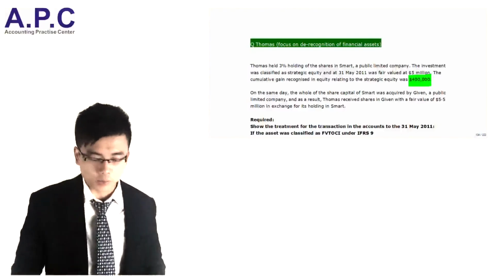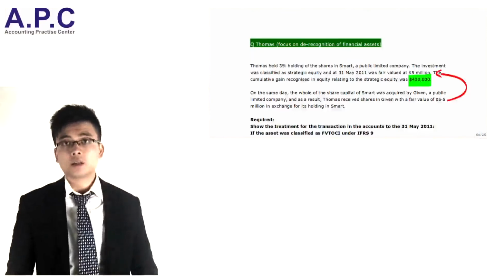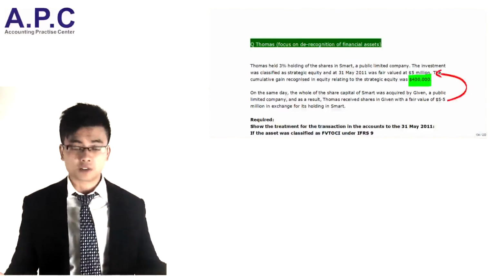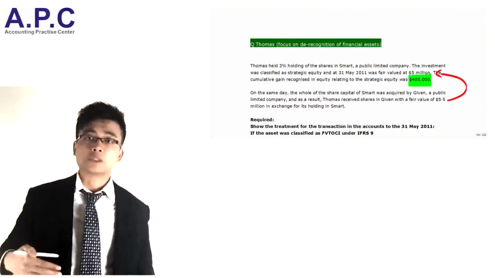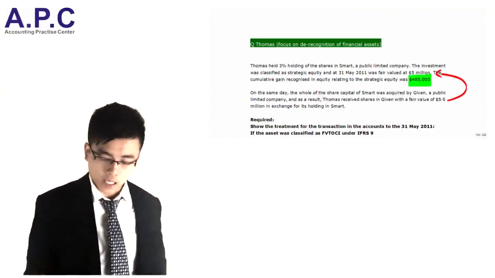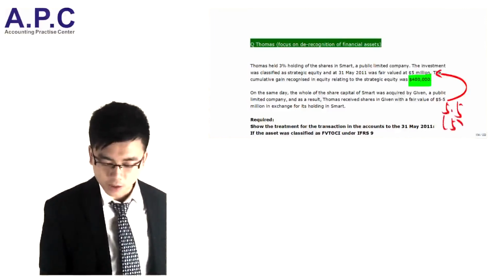And from that perspective, we're going to compare that 5.5 with 5. We have made a gain of 0.5, as you can see. Because the 5.5 is the proceeds that you can get, which means the consideration given by another company, Gibbon. It's 5.5 minus the 5. And so we can recognise the gain of 0.5.